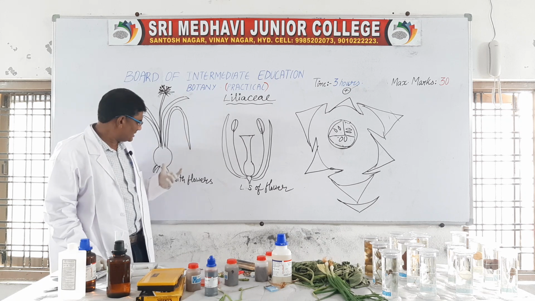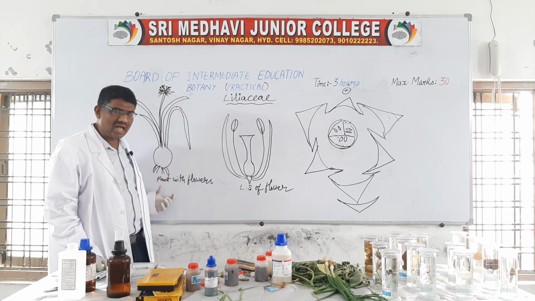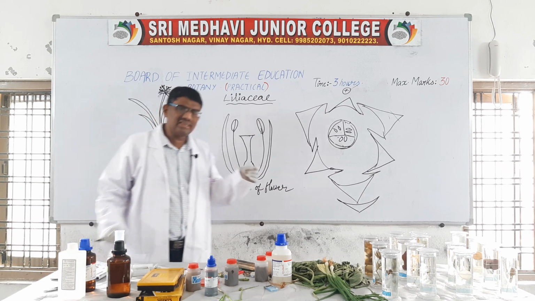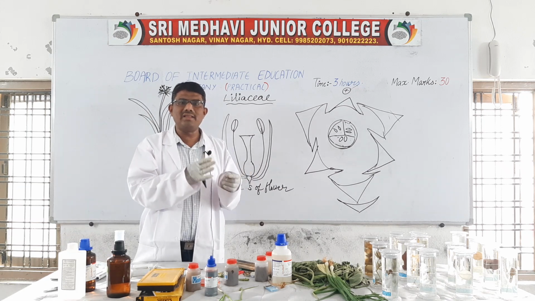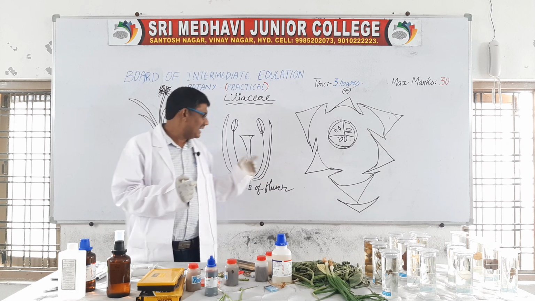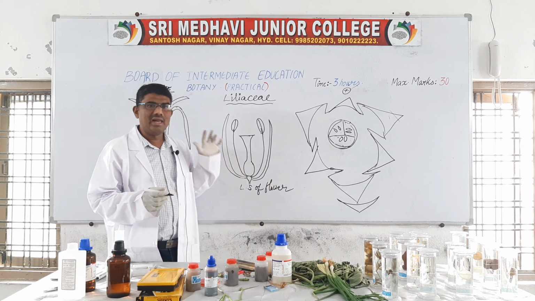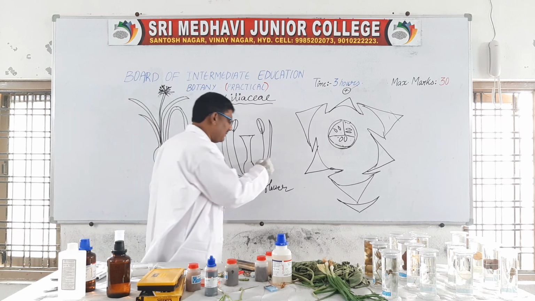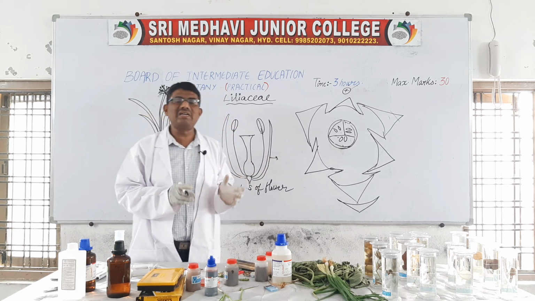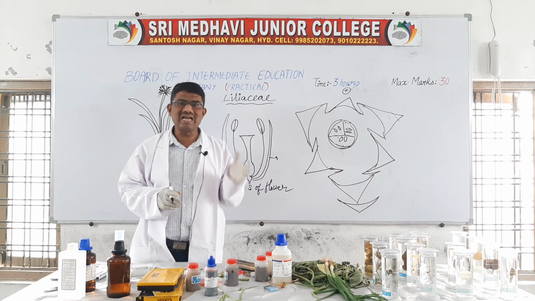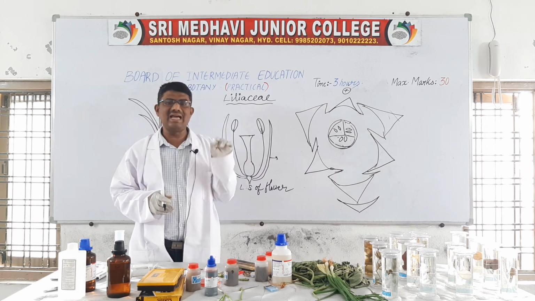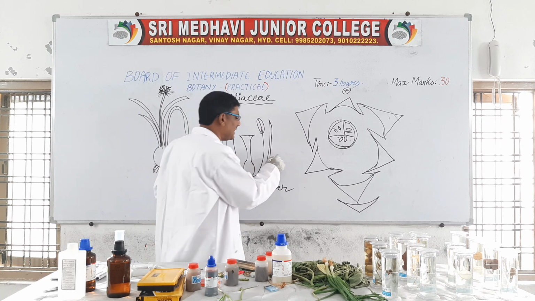Then this is the first, twig with inflorescence or plant with flower. After that, LS of the flower. When we take the flower and cut it in the vertical plane, that gives the LS of the flower. Labeling is very important in this LS. In this, sepals and petals are absent. The sepals and petals are converted into a yellow, white or colorless whorl, called perianth.